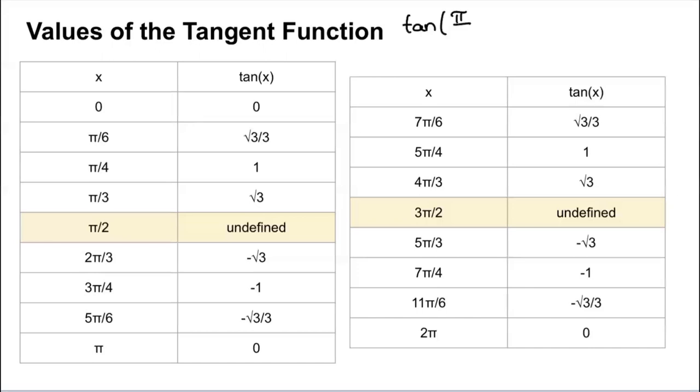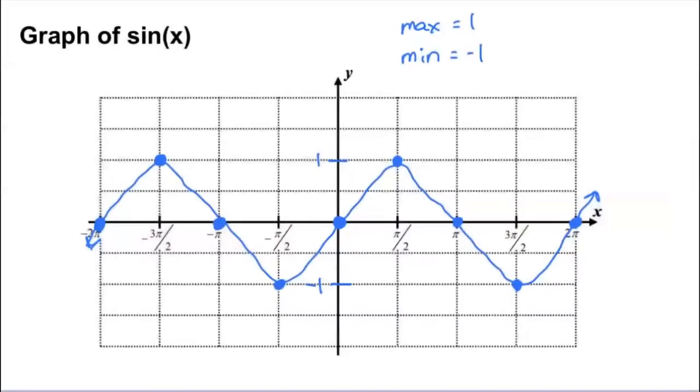So tangent of pi over 2 is equal to sine of pi over 2 over cosine of pi over 2. And we should know these values by now, but I want to use these graphs that we just drew in order to come to this conclusion. So let's go to our sine graph.